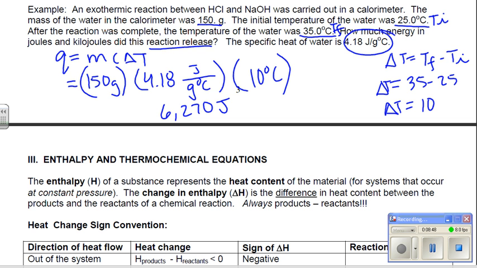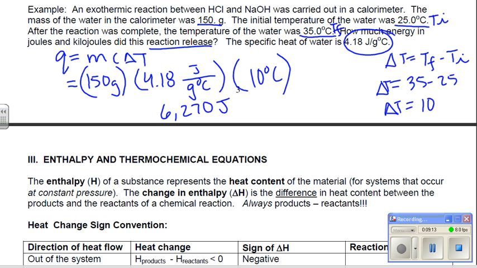Okay, let's think about this for a second. This, which I just calculated, is the amount of energy absorbed by the water. But the question says, how much energy in joules did this reaction release? Well, remember how I said mcΔT equals negative mcΔT because we assume that the water is absorbing an equal amount of energy that's released from the reaction?